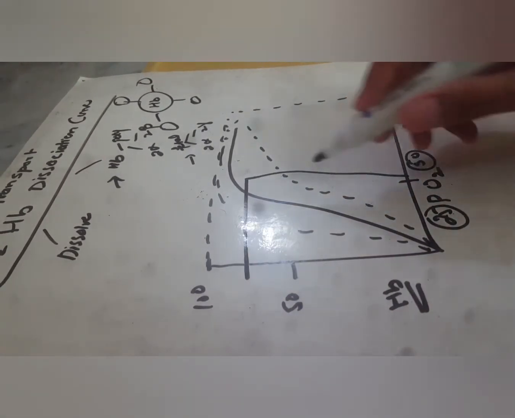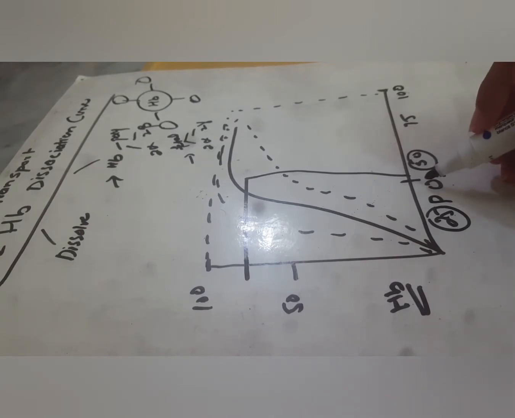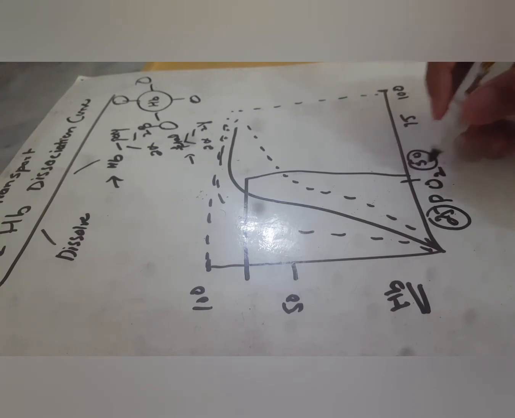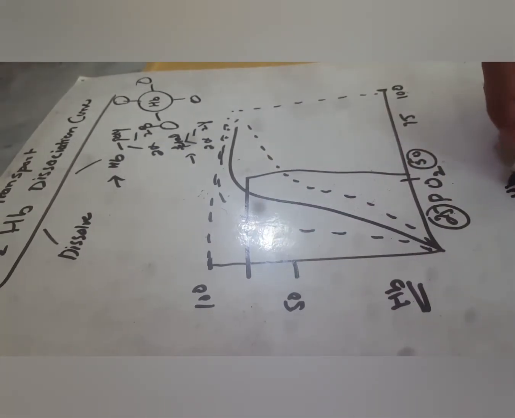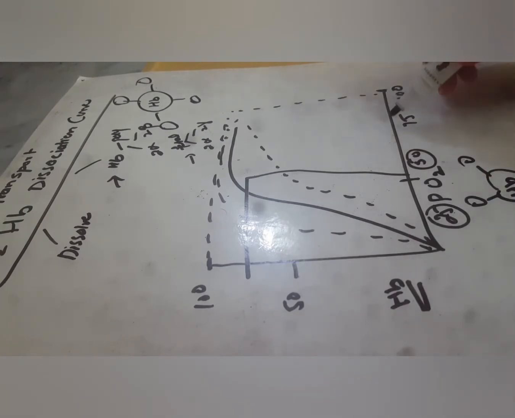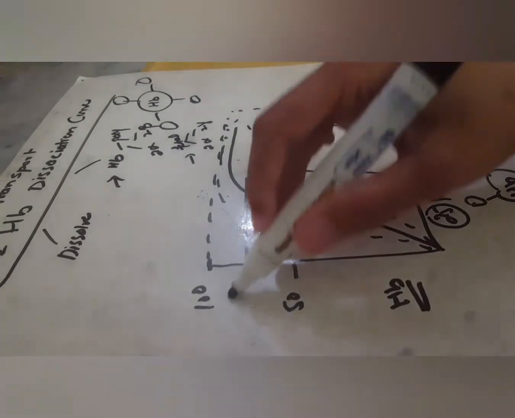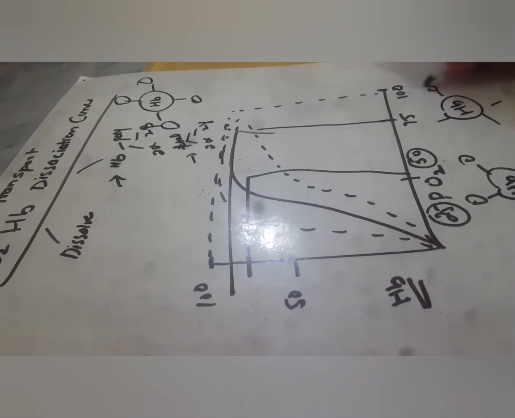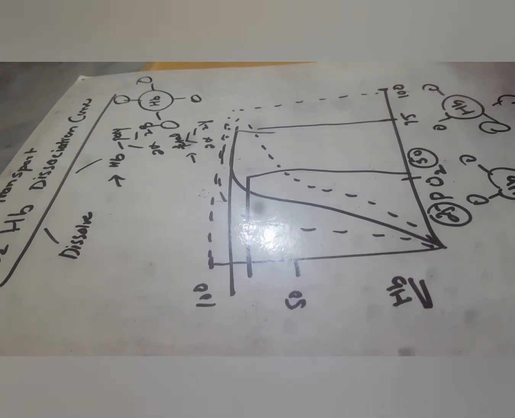This means that 3 of the 4 heme groups have oxygen. When it is 75%, it means almost all the oxygen is bound.